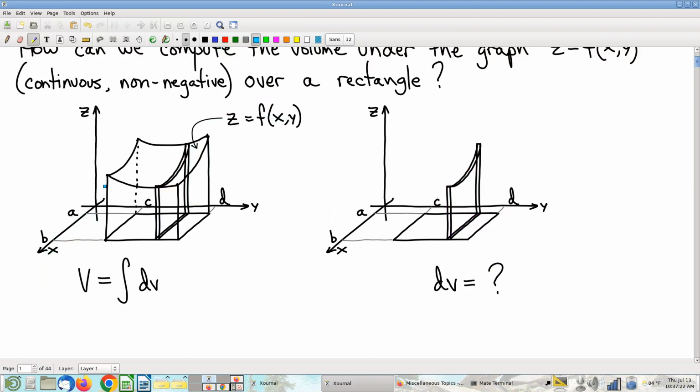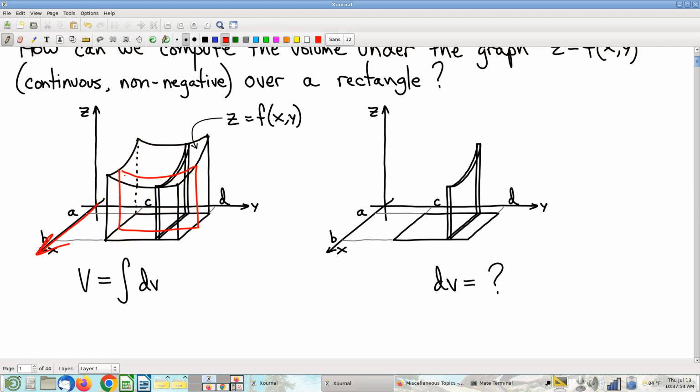Instead of taking our volume here, instead of taking that volume and slicing perpendicular to the y-axis, I am instead going to take that volume, I say you are going to take that volume and slice perpendicular to the x-axis.